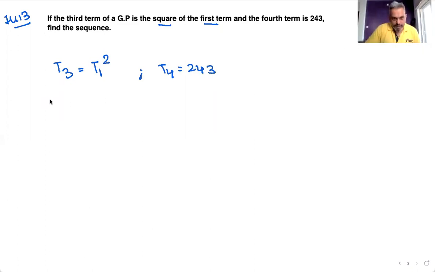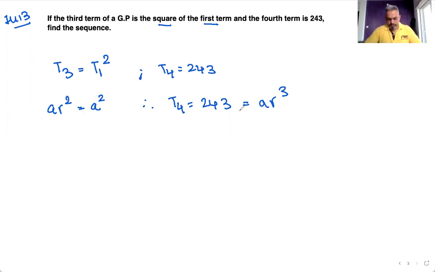So we will take this as T3 is A into R raised to 2 is equal to A square. Now T4 is equal to 243, which is equal to A into R raised to 3.